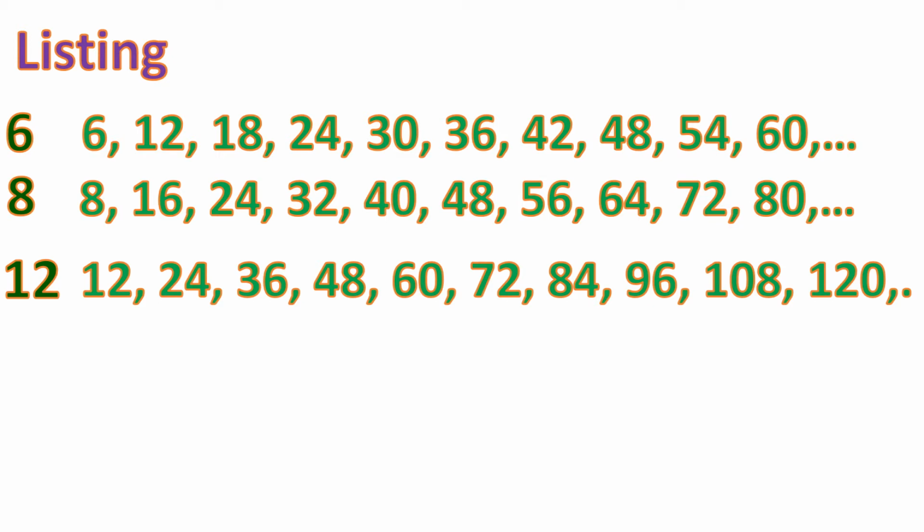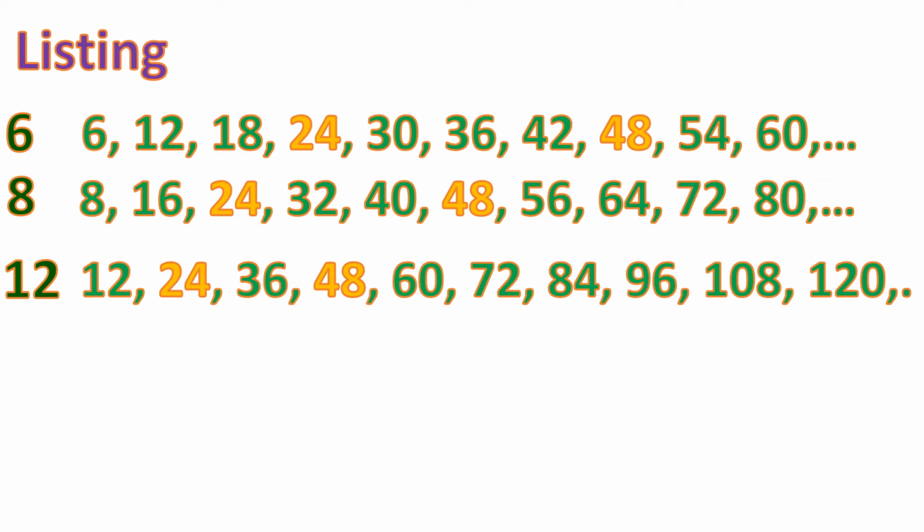After listing, you can now find the least common multiple. We change the colors of those multiples that are common to these three numbers.